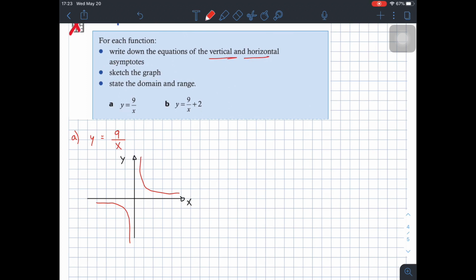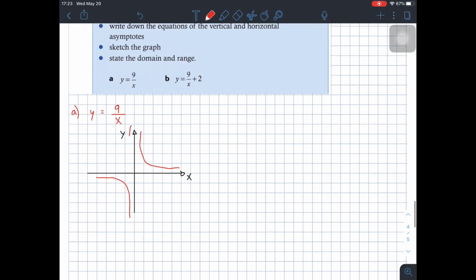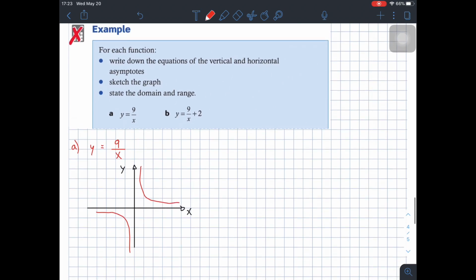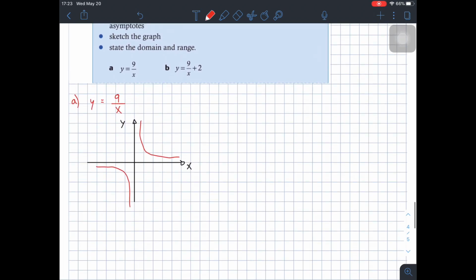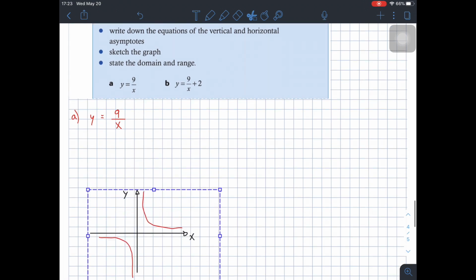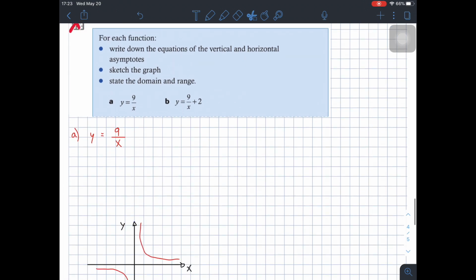Then what will be the vertical and horizontal asymptotes? The vertical asymptote is x equals 0, and the horizontal asymptote is y equals 0, right? Actually, that was part B, so I'm going to take this down a little bit. Do you remember how to determine the vertical asymptote mathematically? Remember the rule: set the denominator to 0, right? And in this case, the denominator is directly x.